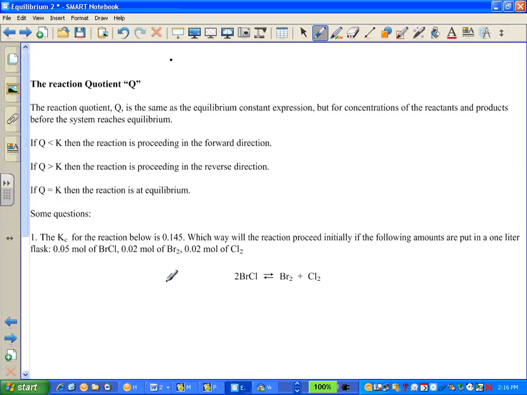In order to decide if the system's at equilibrium, what we need to do is plug into the reaction quotient, which, as I said, is called Q, and it's the same expression as the equilibrium constant expression. So in this case, it's Br2 times Cl2 over the concentration of BrCl squared.